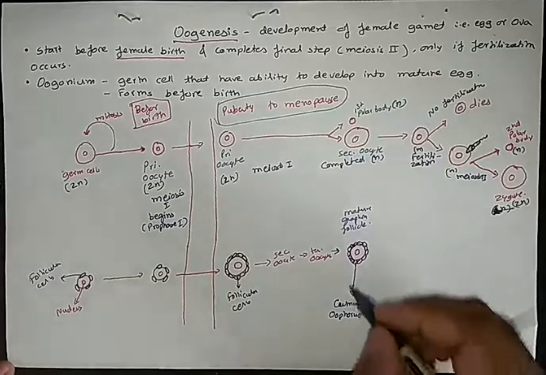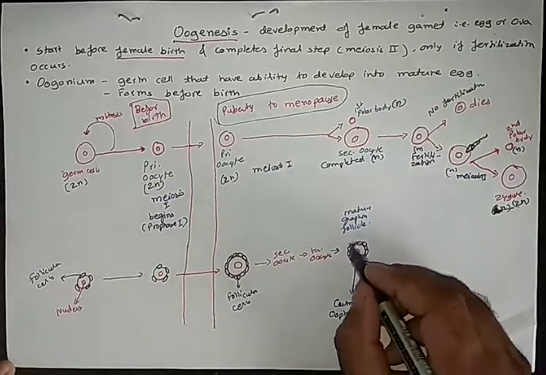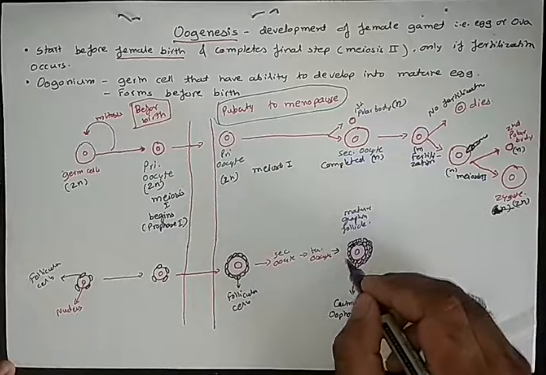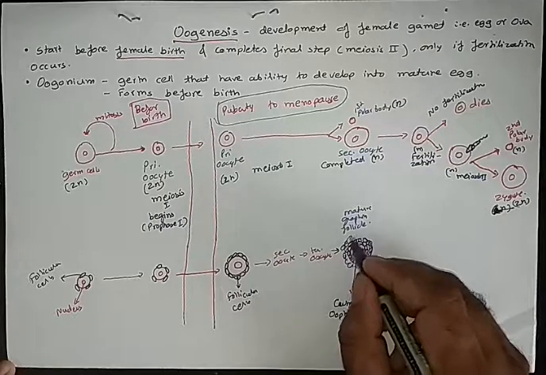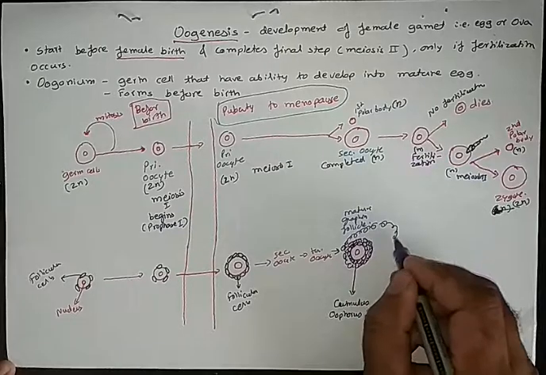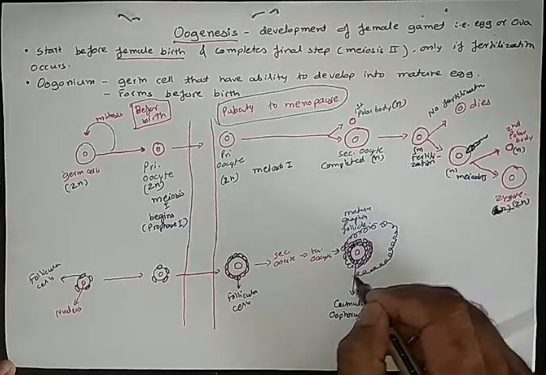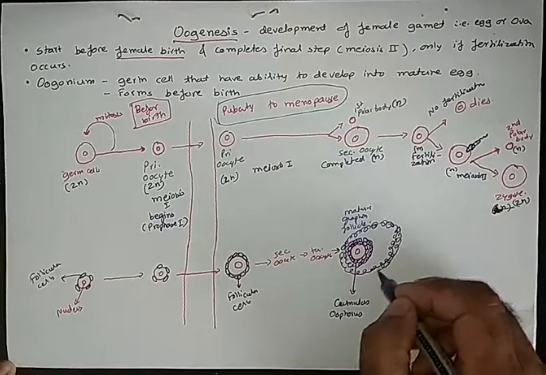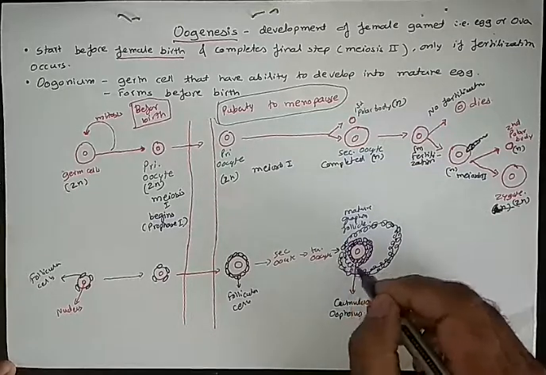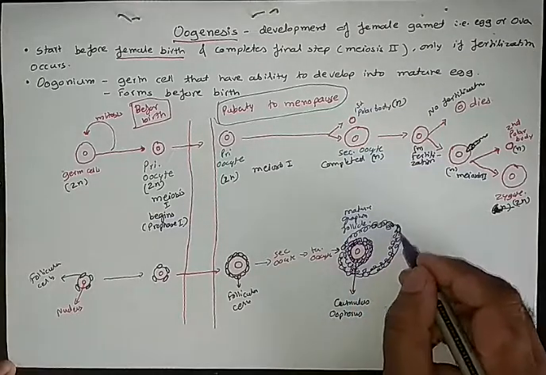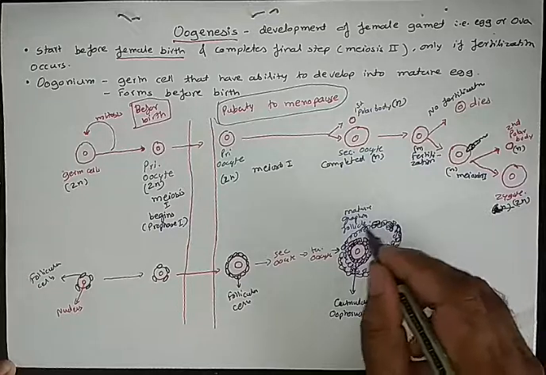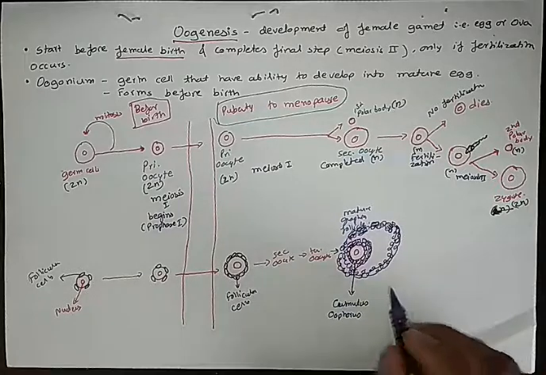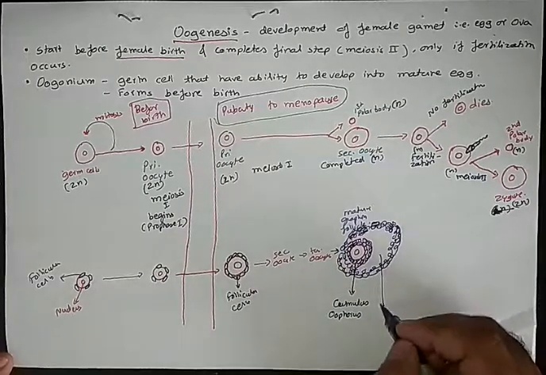Then after that there are also follicular cells, connected to another bigger structure which has multiple layers. We have seen this structure during the study of the ovary, and this is the antrum.